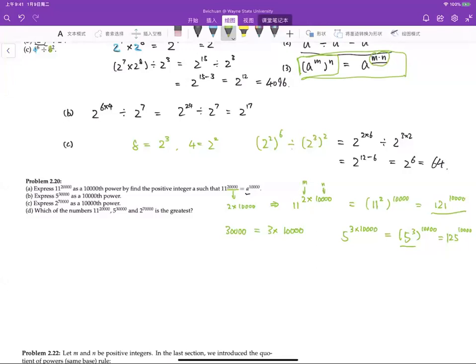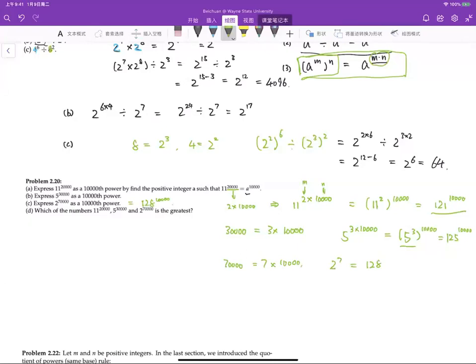I'll do the easy cases, so you guys will do the hard cases. All right, so because 70,000 equals 7 times 10,000, right? So in this case, the base will be 2 to the 7, right? So that's equal to 128. So basically, this number equals 128 to the 10,000th. Right? So that's the number.